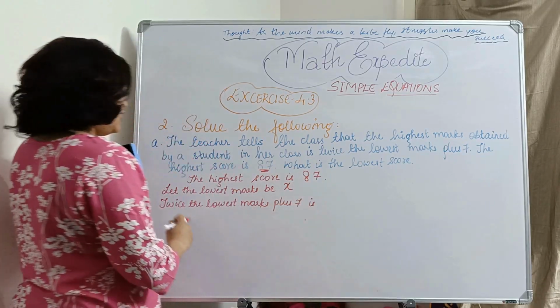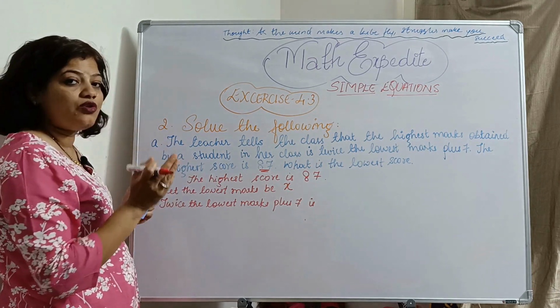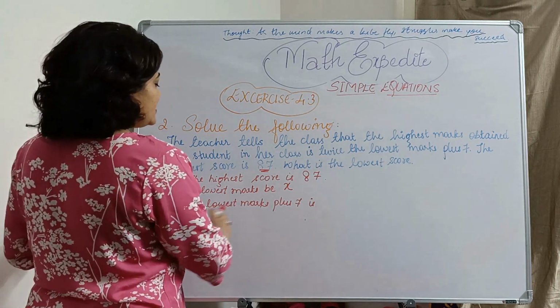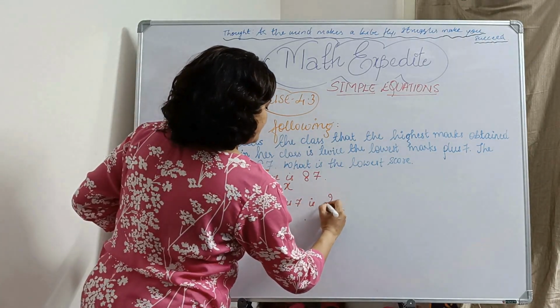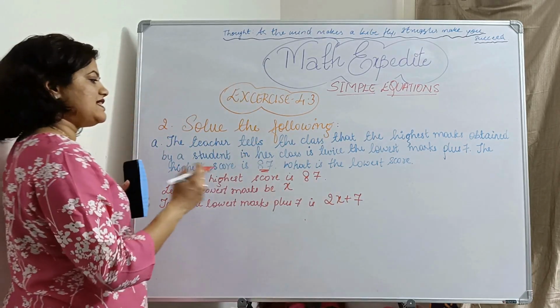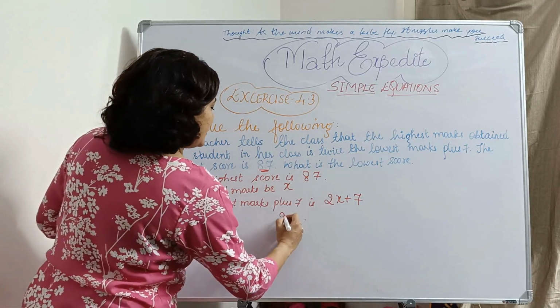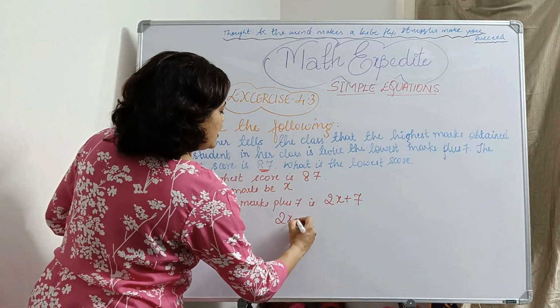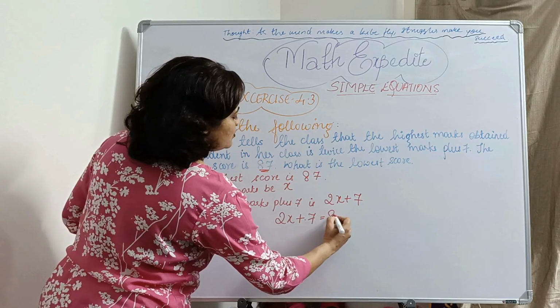Okay. Next, let the lowest marks be x. Because we don't know, it is unknown. So, twice the lowest marks plus 7 would be 2x plus 7. So, how do we derive the equation now? The highest marks is twice the lowest marks plus 7 and is equal to 87.